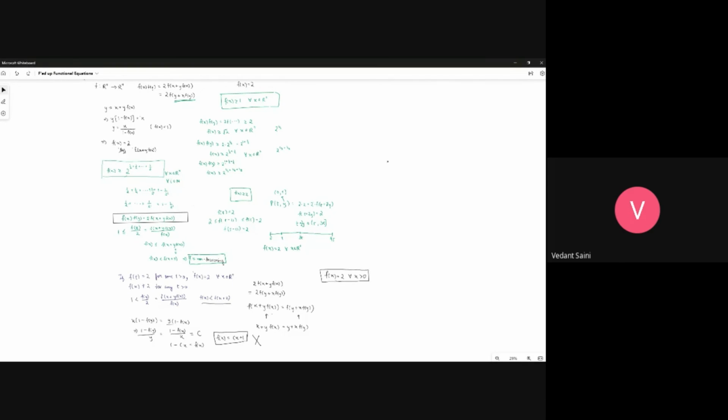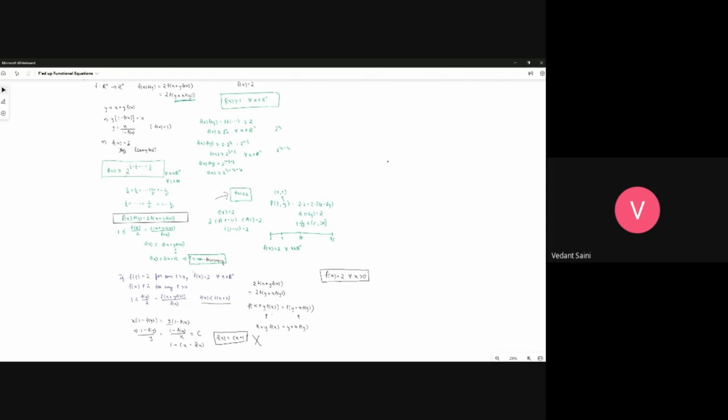From there, we kept on going and we proved this result: f of x is greater than or equal to a half plus a fourth plus so on till 1 over 2 to the n. This in the limit gave us f of x is greater than or equal to 2.